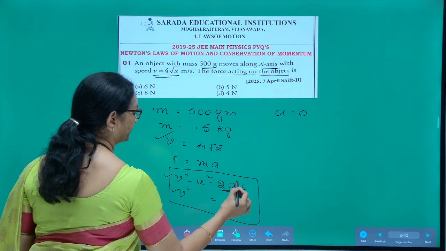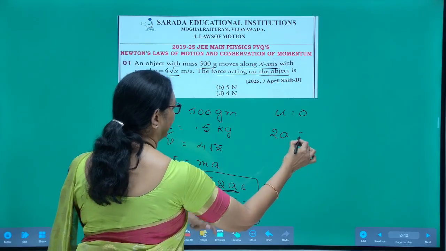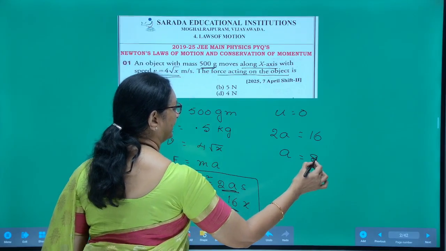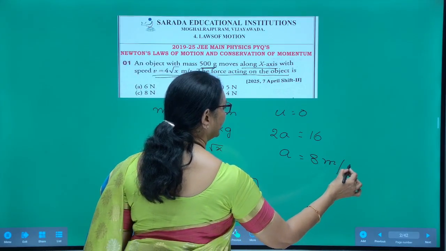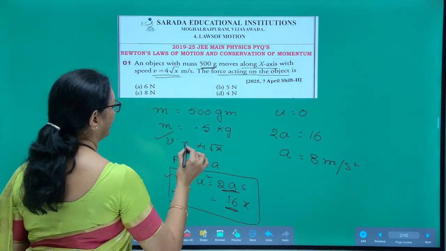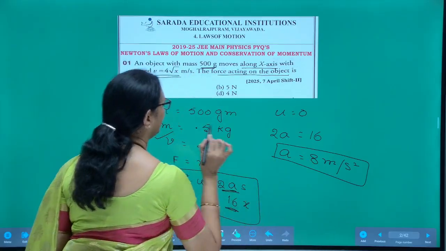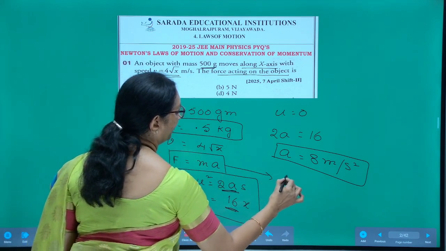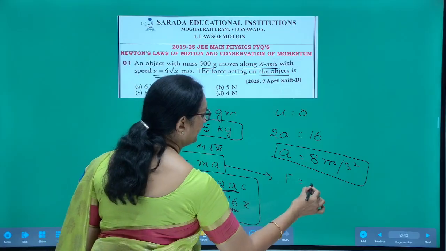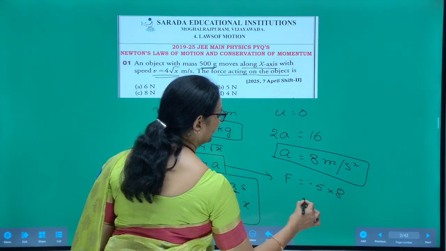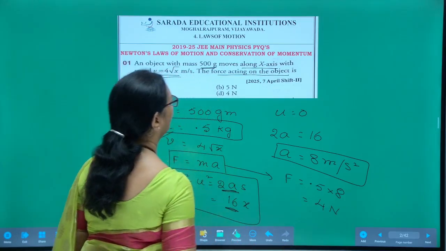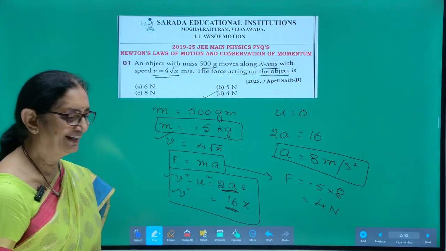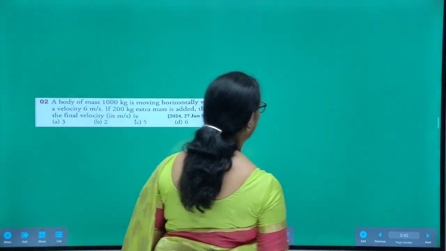In place of 2a, here it is given as 16, from which acceleration is 8 meter per second square. So, acceleration is found, mass is found. From this relation, force applied is equal to m into a, that is 4 Newton. So, this is the correct option for that problem. Okay? Now, let us move on to the next problem.